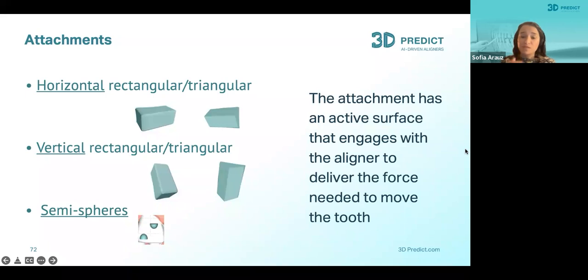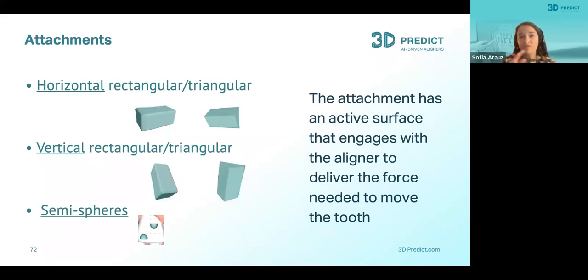And the reason for that is because we ran a study on 156 patients to see if changing the shape of an attachment to a more complex shape would actually increase the predictability of the treatment. And we determined that's actually not the case. When you add very complex shapes to a tooth, it takes twice as long to polish those shapes, because you need to polish around the attachment, not touch the attachment per se.